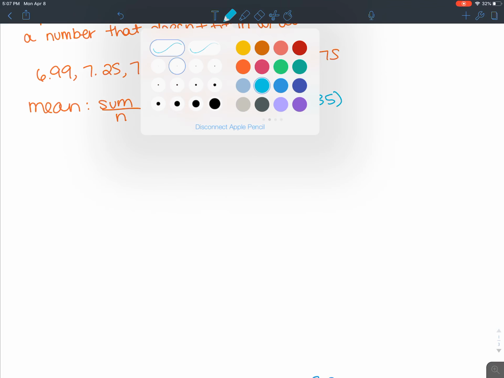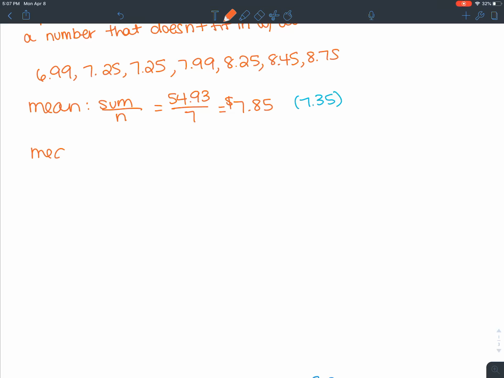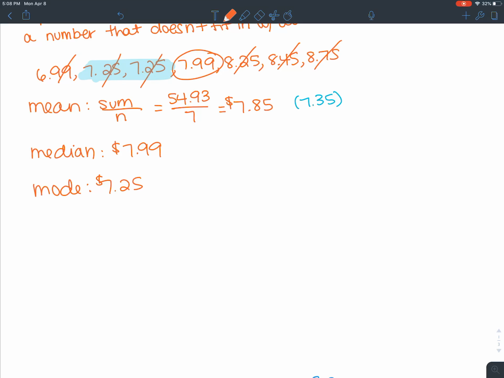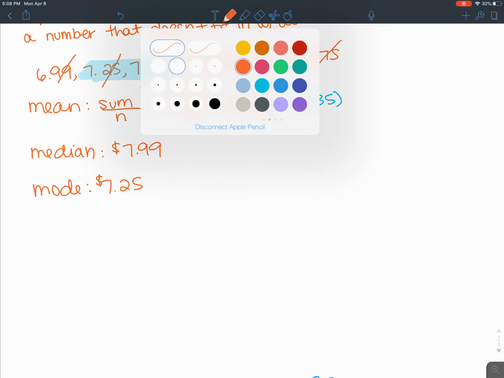My median, now that we have 7 numbers, if you count in from both ends, my median is $7.99. And then my mode is still $7.25 because that's the only number that's being repeated. So that one didn't change.